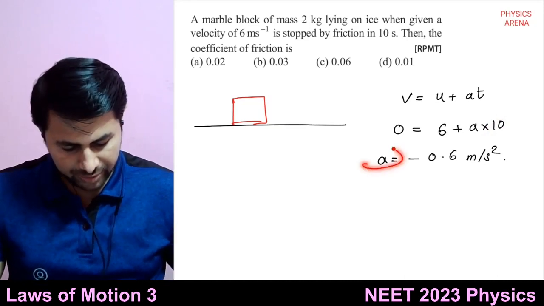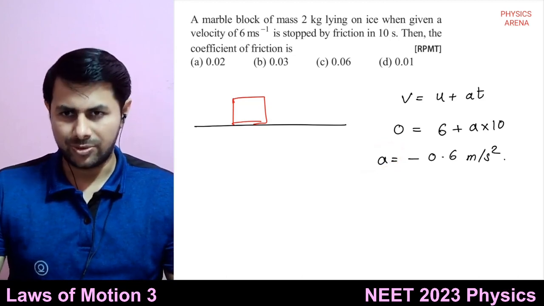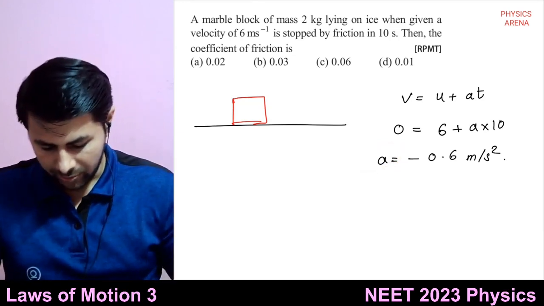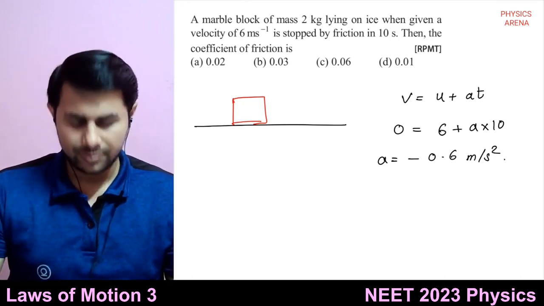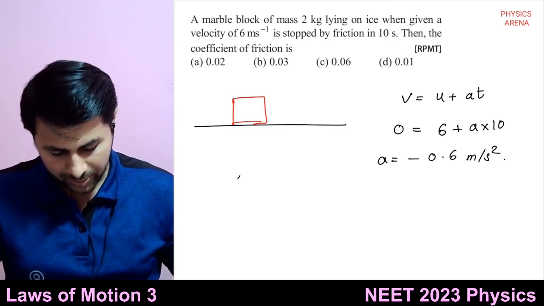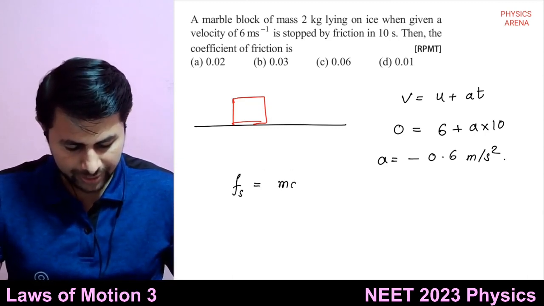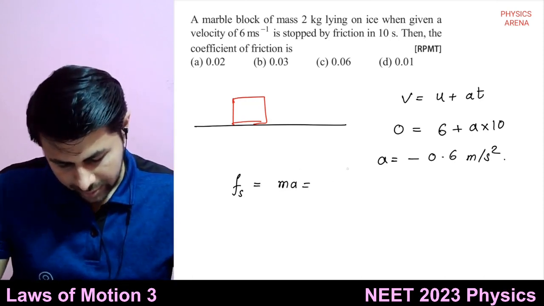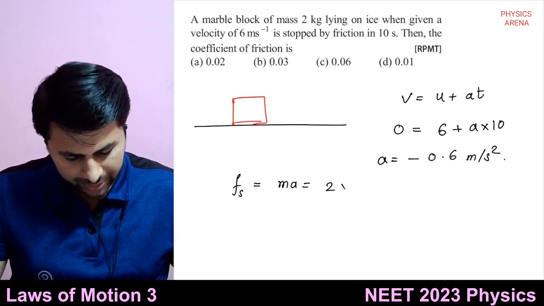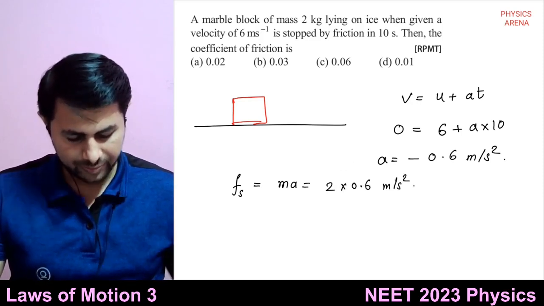This deceleration is because of what? The frictional force. So how much would be the frictional force? The frictional force is equal to m multiplied by a. Let's take the magnitude only. So it is 2 multiplied by 0.6 meters per second squared.